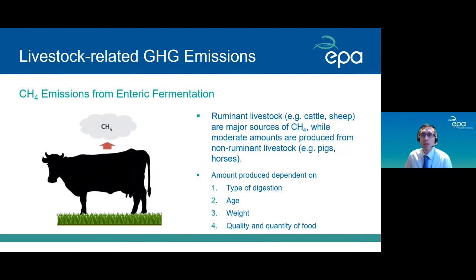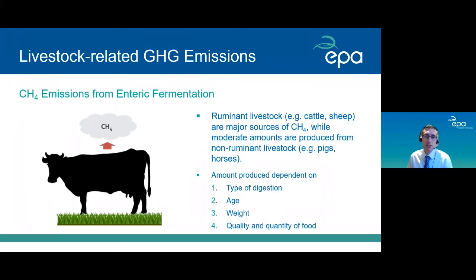So just first of all, a quick overview of what we mean by livestock-related emissions. These are broken down into two main categories, and the first are direct emissions of methane, or CH4, as a result of the digestive processes of livestock, particularly ruminant livestock such as cattle and sheep.